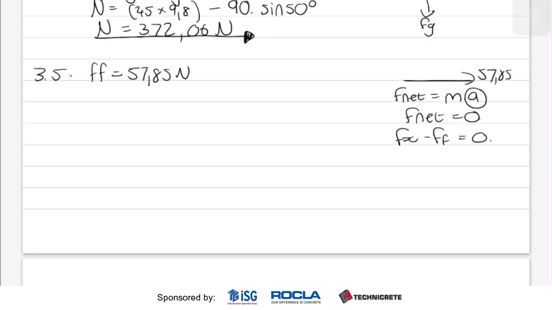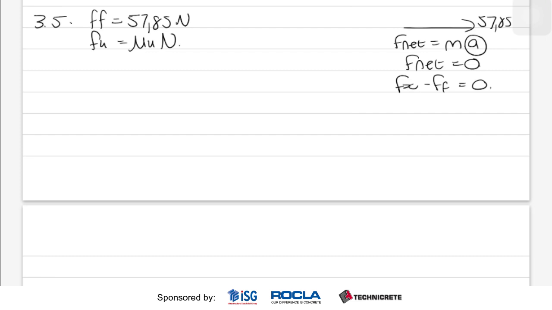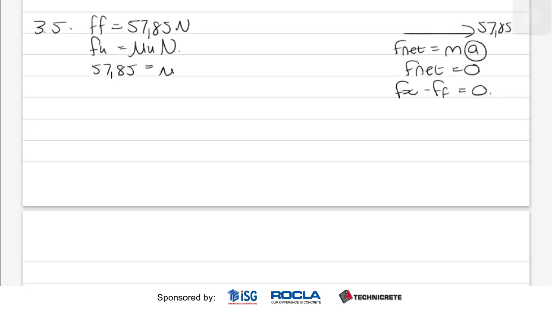How else can you calculate friction, or what other equation do you have to calculate friction? You know that your kinetic frictional force is equal to the coefficient of friction times your normal force. And now we have two of the three values. Therefore, we can substitute in. Our 57,85 is equal to our coefficient, which we don't know, that's what we're trying to work out, times our normal force, which we calculated to be 372,06 newtons.